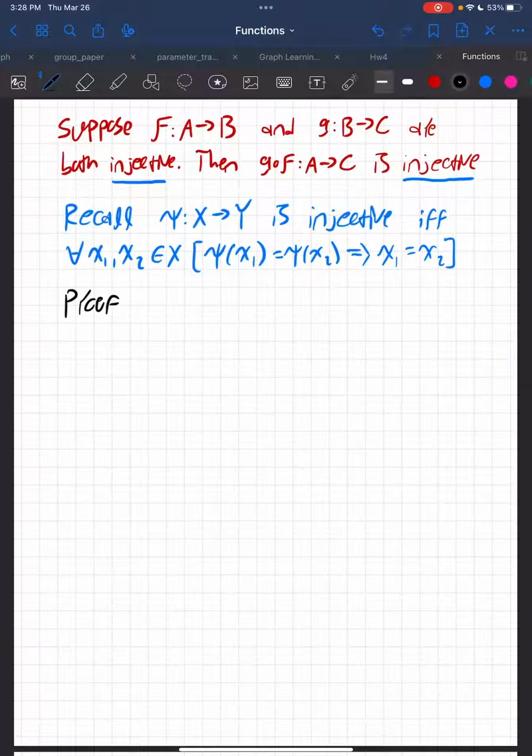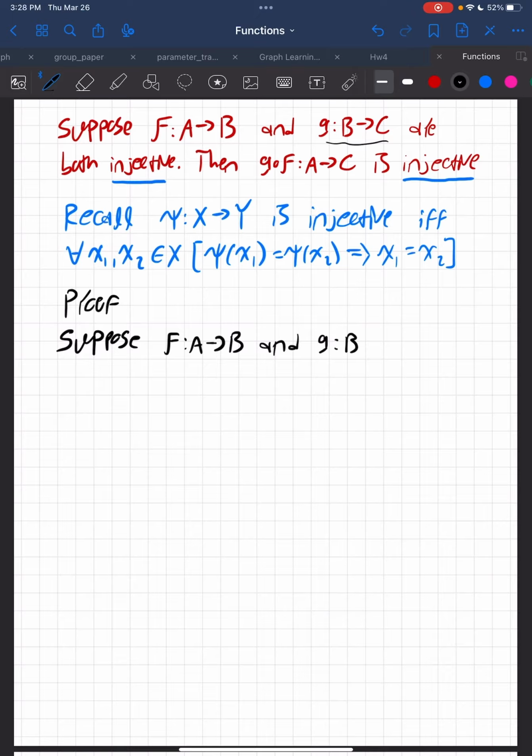You should always begin a proof by rewriting what you're given by the problem. In this case, that f from A to B and g from B to C are both injective. So we say, suppose f from A to B and g from B to C are injective.